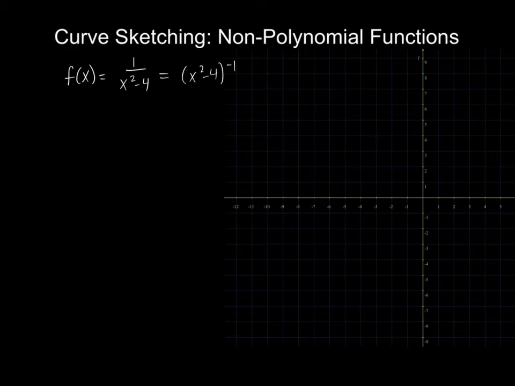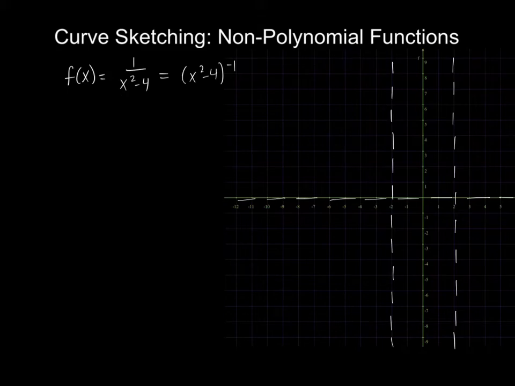Vertical asymptotes happen when the bottom is 0 and the top is not 0. 2 and -2 both are values that make the denominator 0, and 1 over 0 is sort of like infinity, and infinity in graphing terms is basically a vertical asymptote. The degree of the denominator is bigger. It's squared, whereas the top is linear. That means 0 is the horizontal asymptote. So all the things that we used to know about rational function graphs still apply. We just are able to discuss them in a different context.